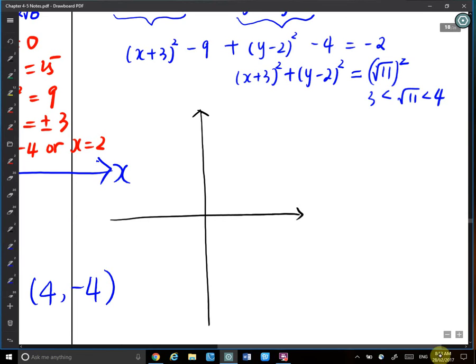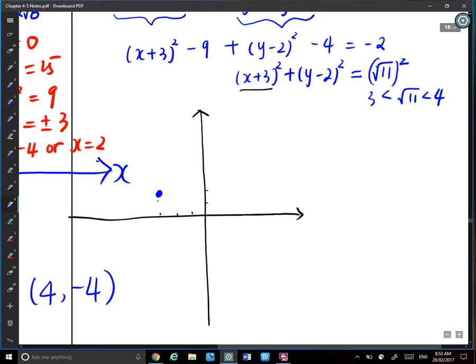We have minus 3 and 2 is the center. It's x minus negative 3, so minus 3 and positive 2. So here is my center.